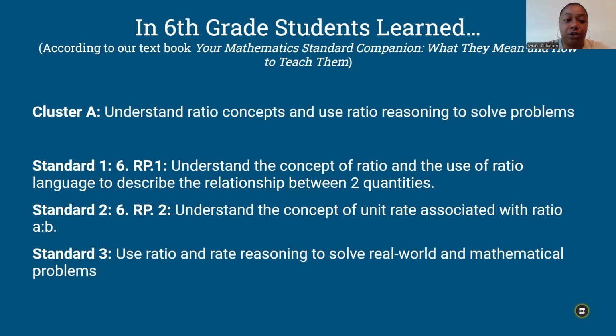We have standard 2, which is 6RP2, which is understand the concept of unit rate associated with ratio written in standard A:B. And then we have standard 3, which is use ratio and rate reasoning to solve real world and mathematical problems.